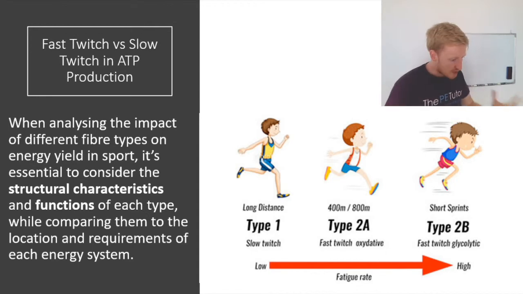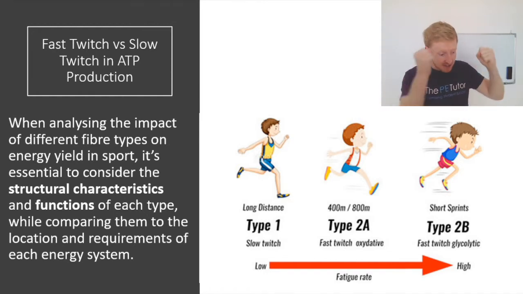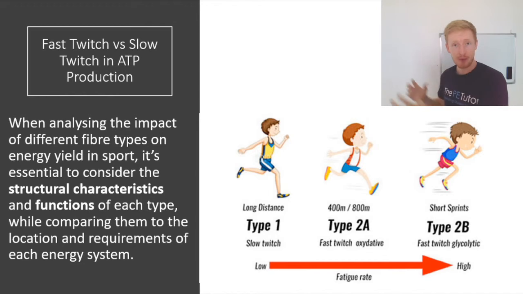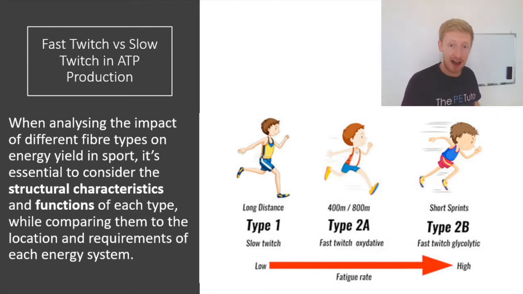Now, a slow twitch muscle fibre is not going to be great at explosive sporting events and contractions because it hasn't got the properties to allow it to be that way. It's got different properties, but the properties that a slow twitch muscle does have allows it to operate for a longer period of time at a lower intensity.